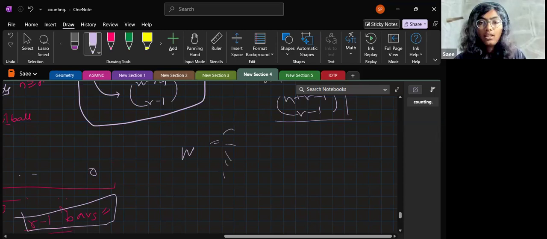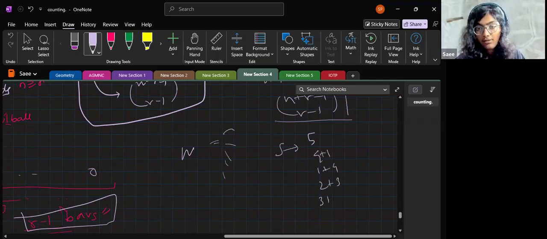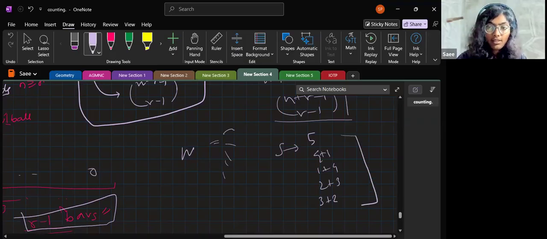So for 5, 4 and 1 and 1 and 4 are considered different, 2 and 3 and 3 and 2 are considered different, and so on and so forth. So how many total such things will we have?